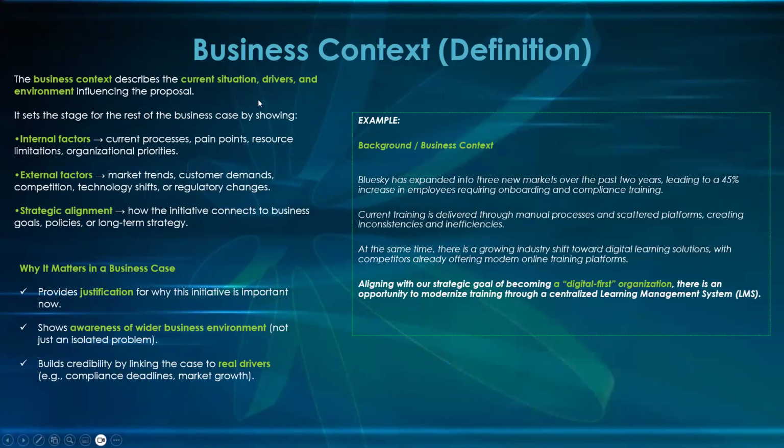So business case context, what does that actually mean? It simply means your current situation. For example, before joining this program, can you guys still hear me? Yes. Okay, good. Before joining this program, we could as well say you don't know anything.